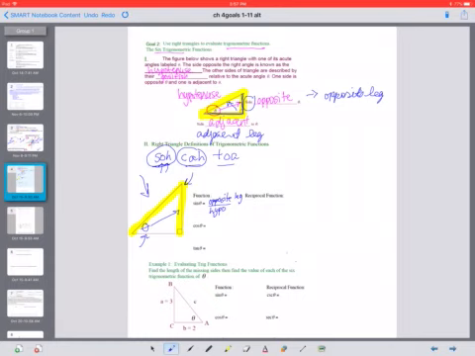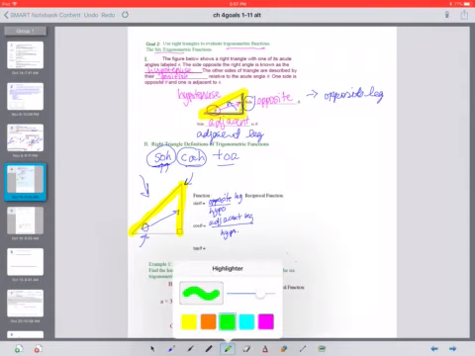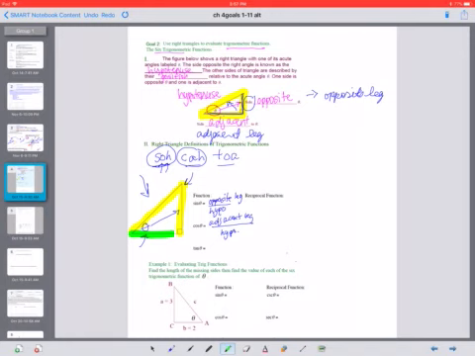Cosine, CAH, represents the adjacent leg over H, the hypotenuse. So the adjacent leg's value divided by the length of the hypotenuse gives us the ratio of cosine. TOA, T-O-A, is the shortcut for the ratio for tangent.